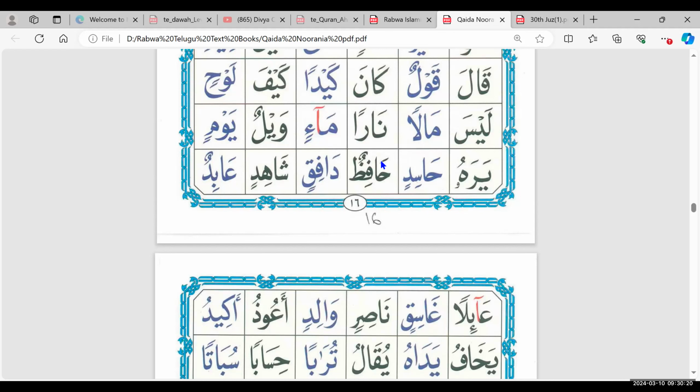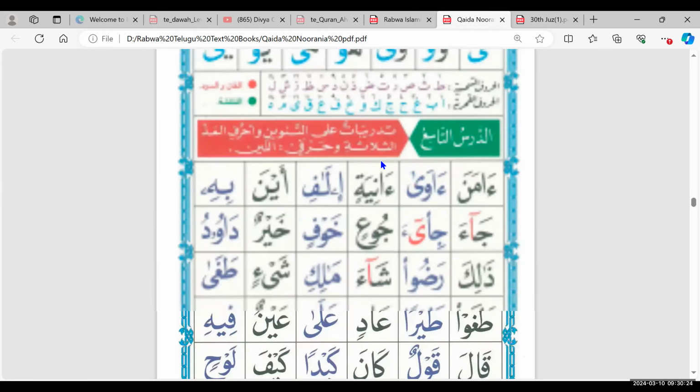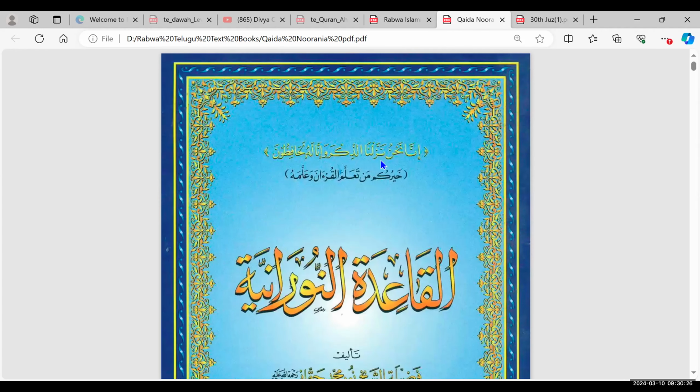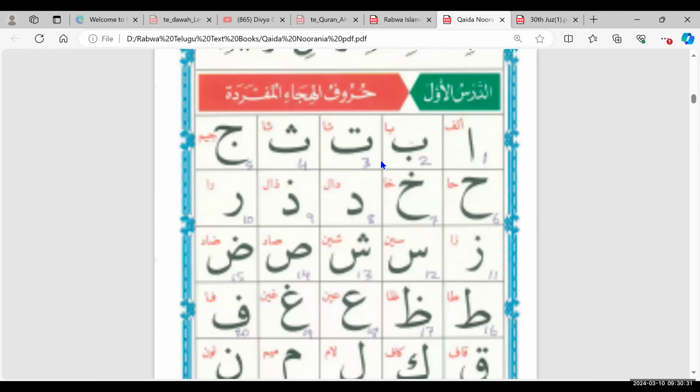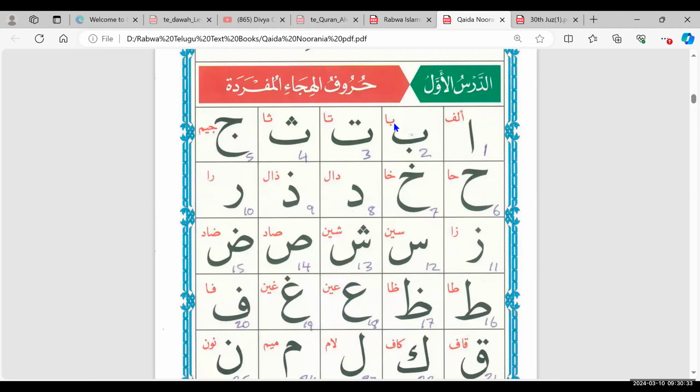See, brother, like the letter ba in the Qaida Noorania, in some prints you see it written with the fatha alif, but it is not a prolongation. It is only ba, ta, sa, jim. Here is a mad: ha, kha, dal. Here it is a mad: zal.